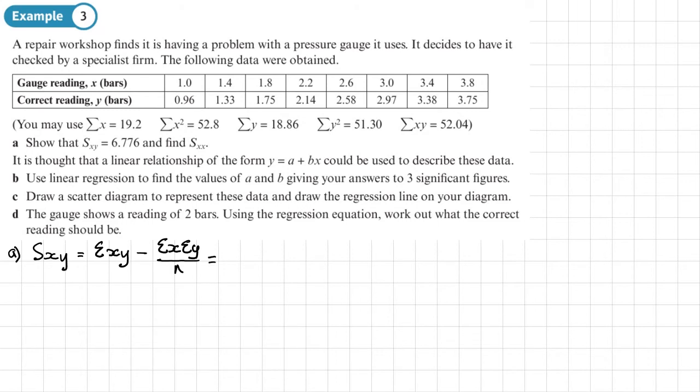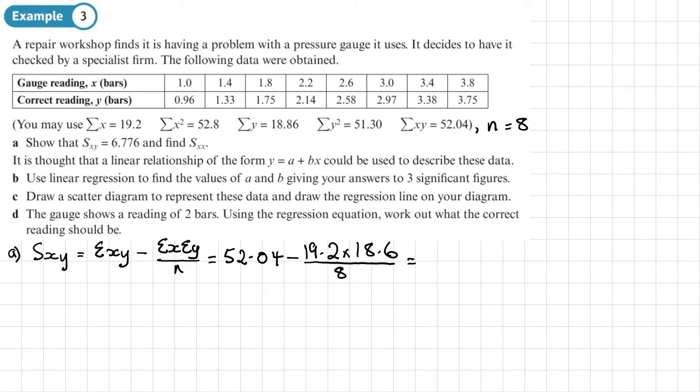So the sum of XY is 52.04 minus the sum of X, 19.2, times the sum of Y, 18.86. And we're going to need N as well. So I'll write that down. We have 1, 2, 3, 4, 5, 6, 7, 8 pairs of values. So N is 8. So that's going to be divided by 8 here.